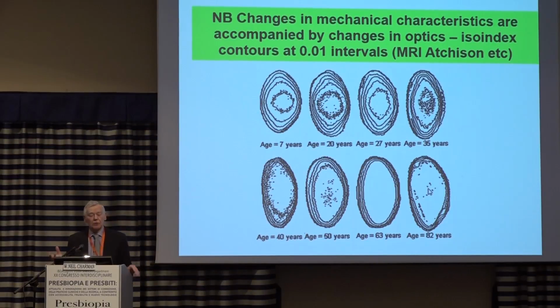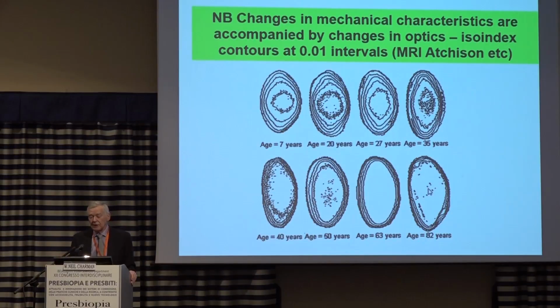But it isn't just, of course, the mechanical characteristics of the lens that are changing. It's also the optical characteristics. And what these show are contours, as you cut through the lens, of refractive index. We think of a lens as having a refractive index of 1.5 if it's crown glass or 1.6 if it's flint glass or whatever.